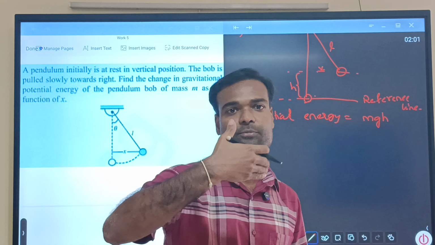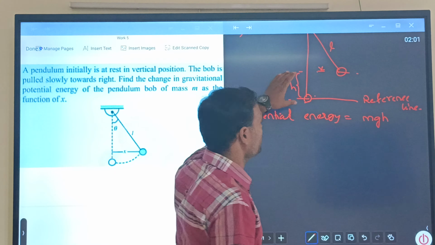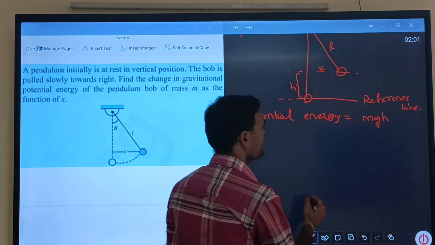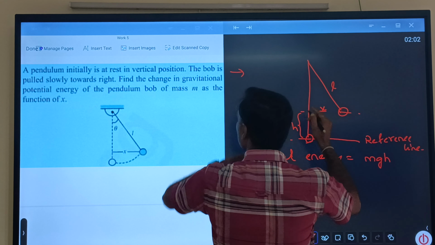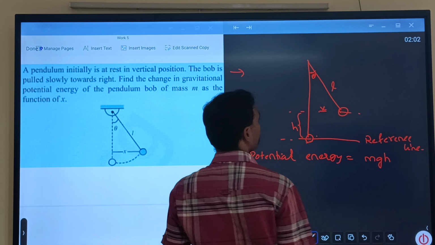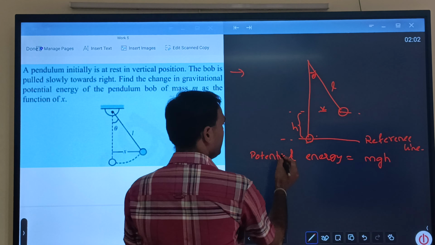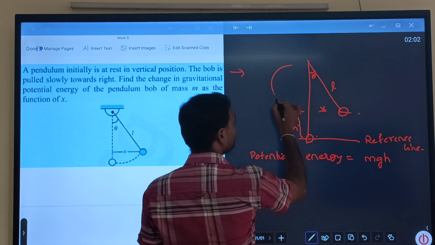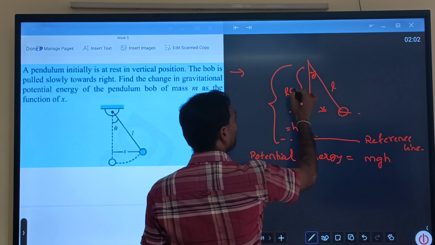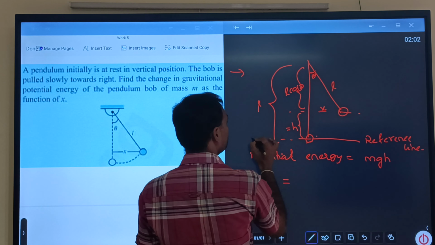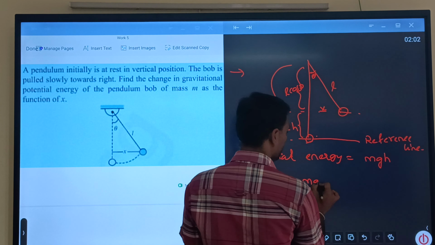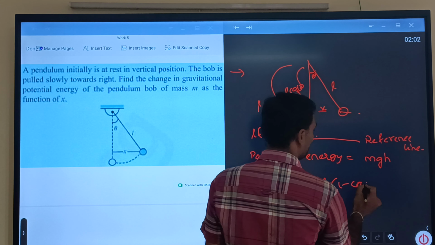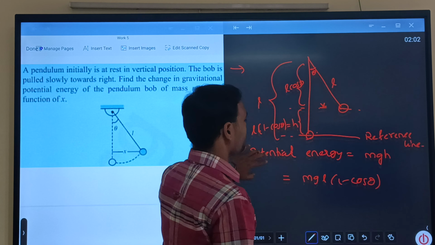Work done is changed into potential energy, and potential energy stored in the system is now mgh, and h is equal to, can I write, L minus L cos theta. This is L. Then it is L(1 minus cos theta). So mgL(1 minus cos theta), right?